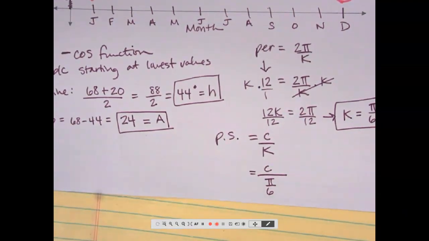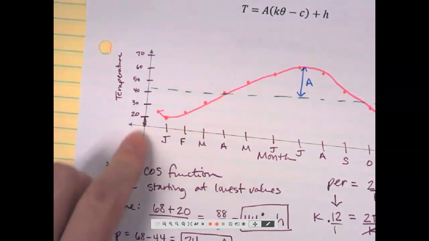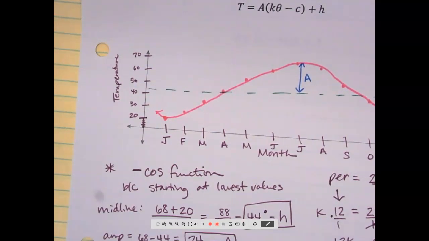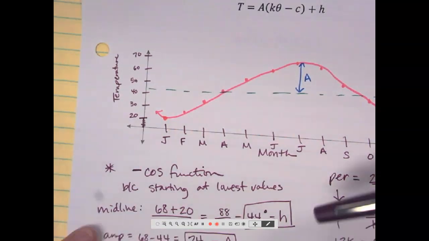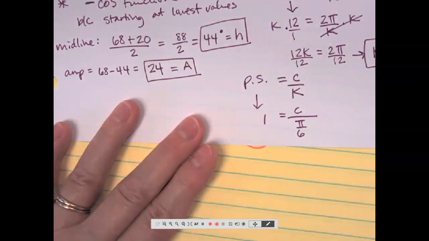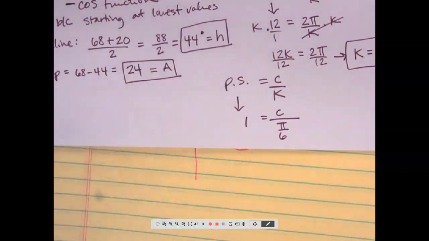Okay, what is the phase shift? This thing is not at a minimum or a maximum above 0. It's at a minimum at month 1. So I'm going to say this has shifted 1 to the right. So this phase shift is just 1. And anything that's going to start at the first month, January, will have a phase shift of 1.